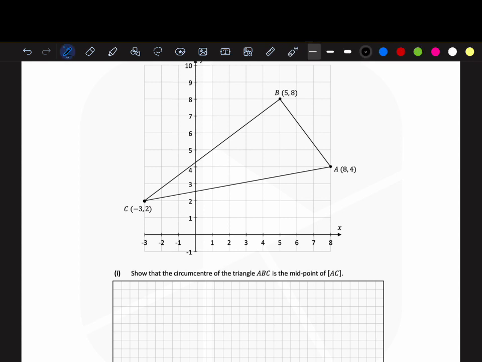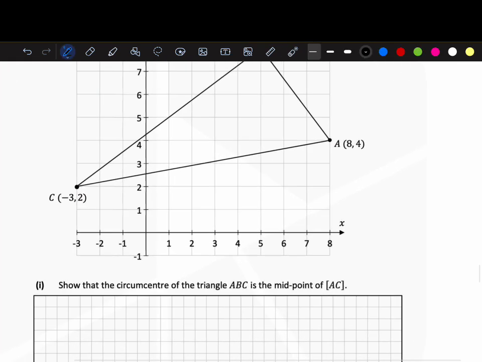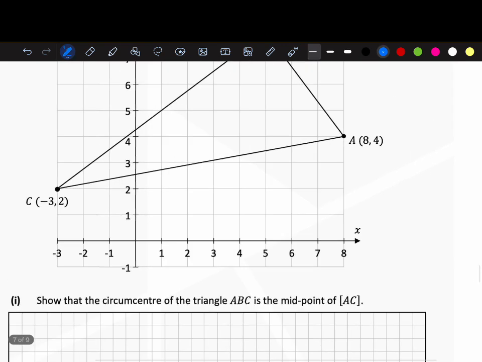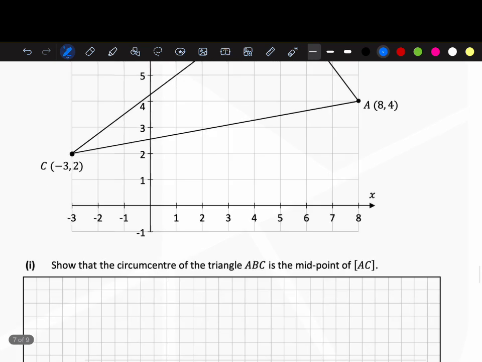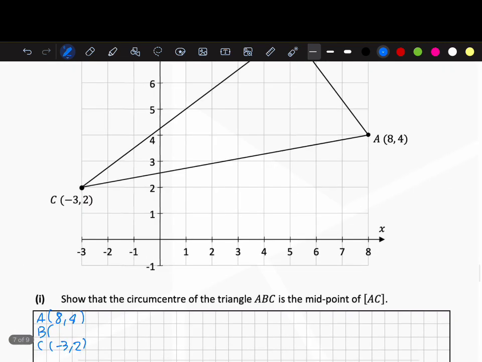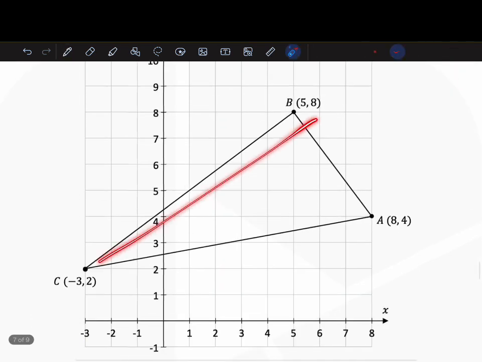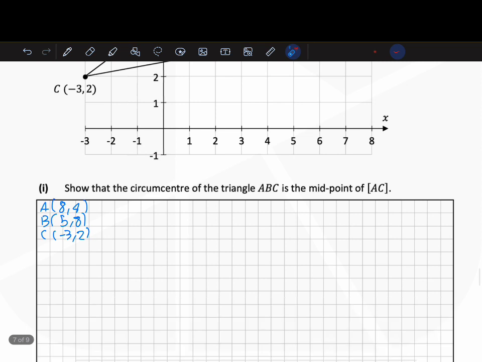So first of all, we need to figure out our slope. So if we look at this, we're going to write them out: A is (8,4), C is (-3,2), and B is going to be (5,8). So I'm trying to prove that CB is perpendicular to BA. So if I find the slope, I'm going to need my y2 minus y1 over x2 minus x1.